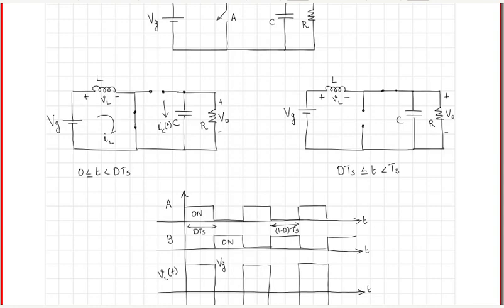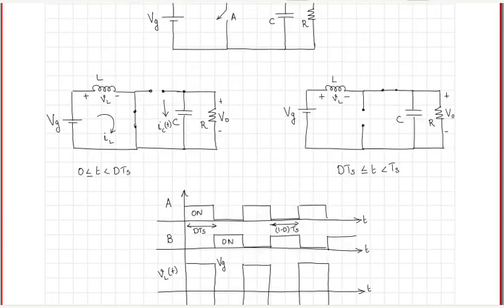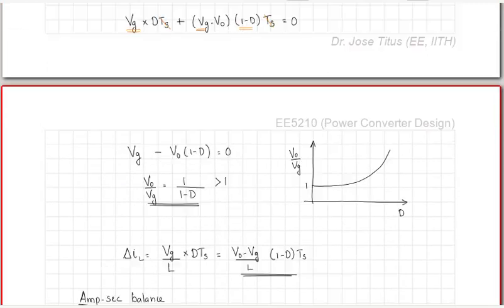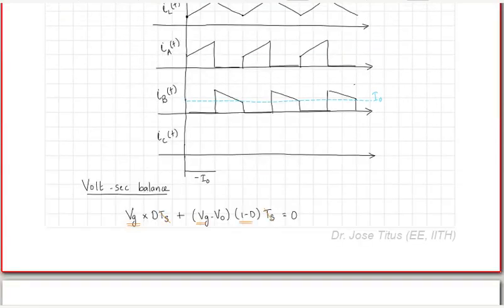So if the average inductor current is taken to be IL, then this is going to be equal to IL minus I0.